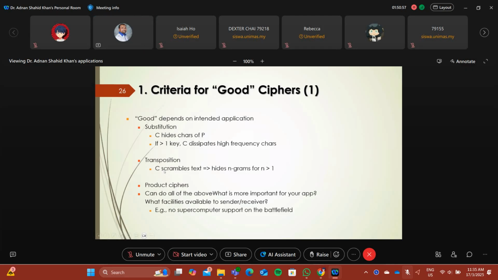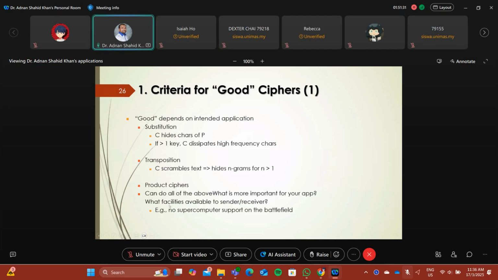Transposition: scrambled text hides the n-grams. Product ciphers can do all of this, depending on what is more important for your application. For a very high profile application, we need to make sure we scramble more. If it's high profile, we have to plan the key professionally.